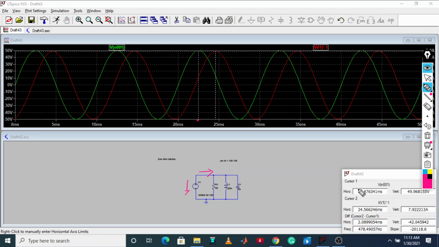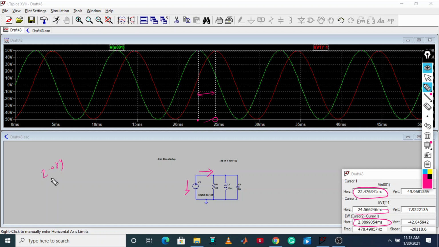What is the value of cursor 1? It is 22.47, after 20. And the second cursor is at 24. Now this is only the lag, the current is lagging with this angle only, and the difference is 2.089.